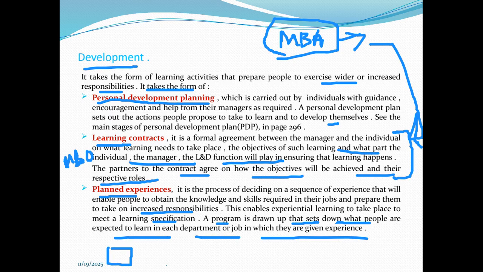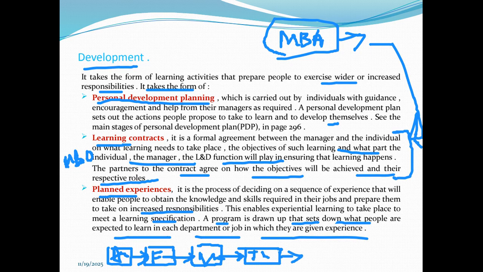Initially we went to the accounts department, then the finance department, then marketing, then ticketing and booking, logistics, and engineering.